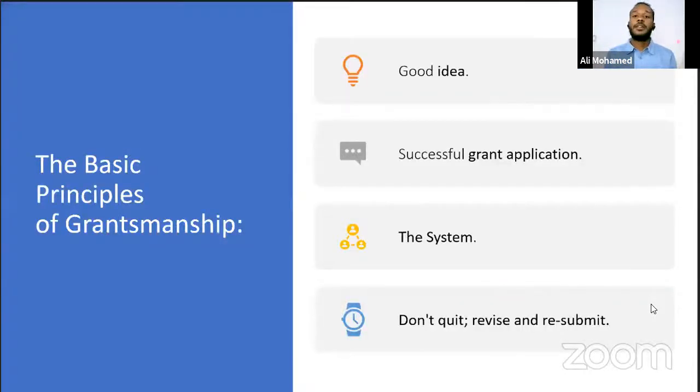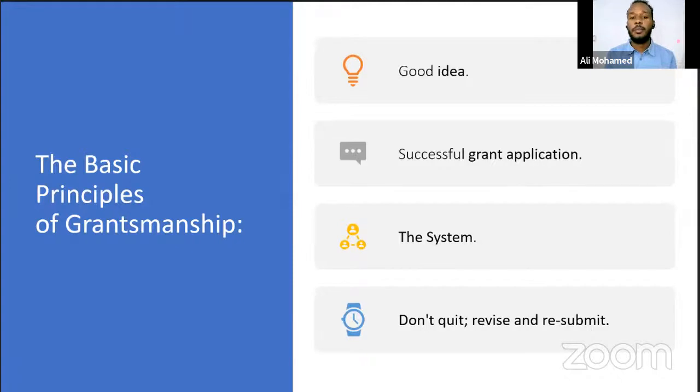Knowing that, what are the basic principles of grantsmanship? Well, a good idea is necessary, but it's not sufficient. A successful grant application is vital, and actually, it is an exercise in communication.